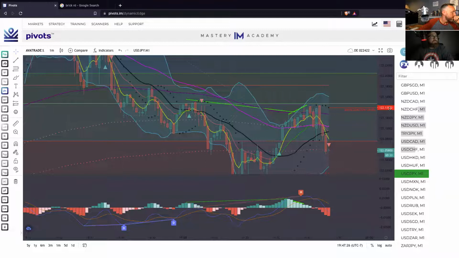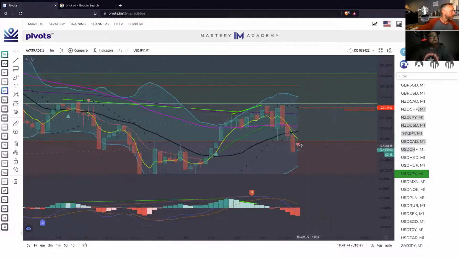And we are pretty close to a big round number, 122. Is it 122? USDJPY, yeah. 122 yen for $1, right? So, right, there's the signal.